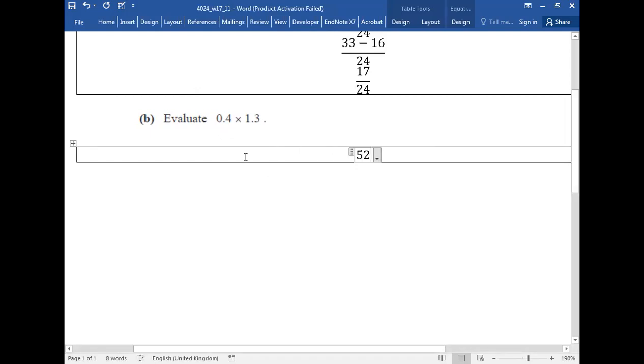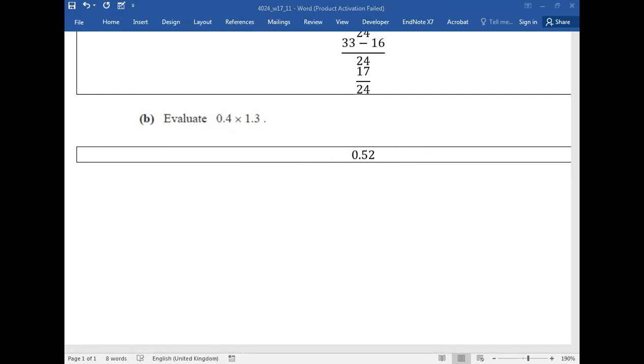Now count the total decimal places. One from this and two from this. So you move the decimal 1 and 2 places, so the decimal will be over here. This becomes 0.52. Count the total decimal places and move the decimal together in the final answer.